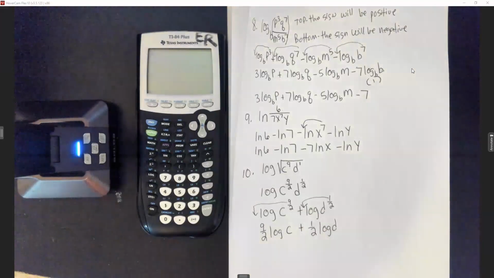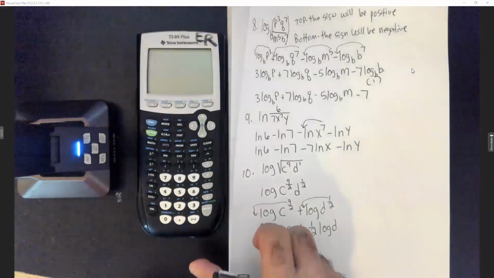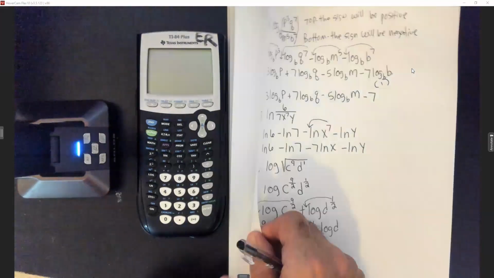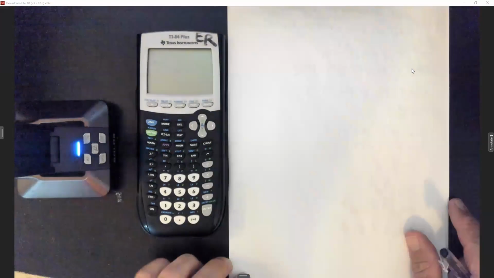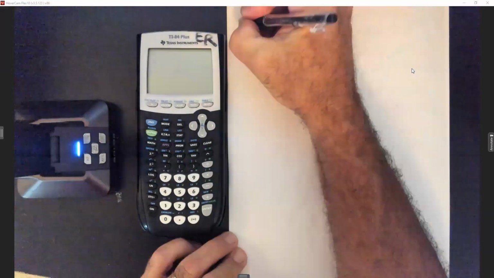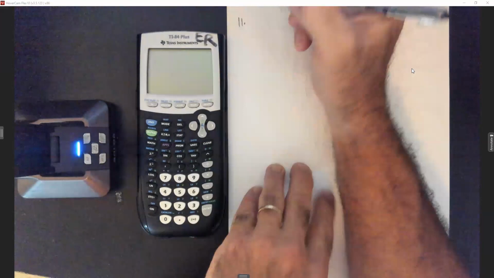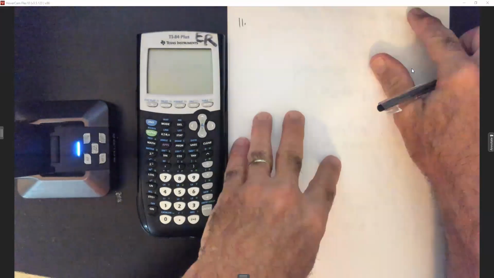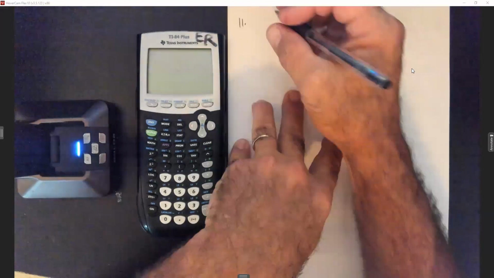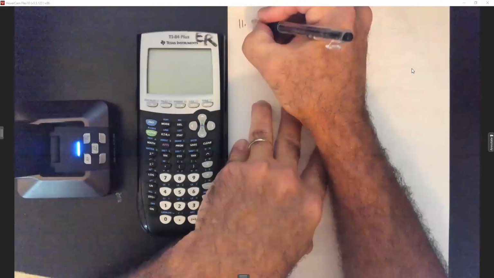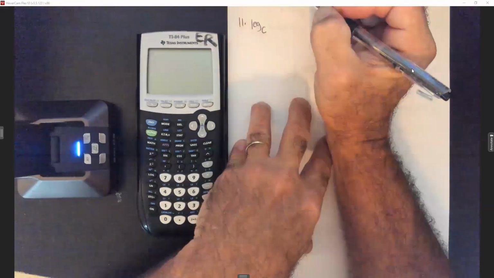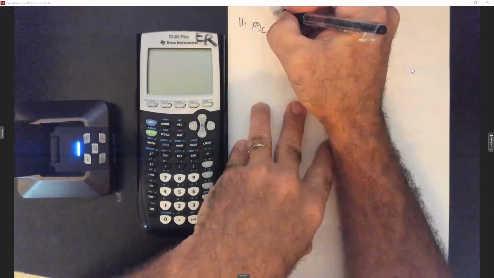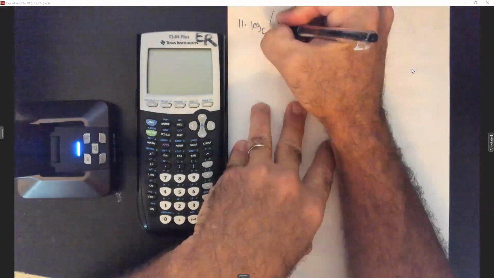All right, y'all, number 11, we're going to have to flip. Number 11 is a good one here. And I will say, they like putting one like number 11 on these tests and the finals, okay? So number 11 has a log base C. Whoa, and it's so big they put big parentheses here.